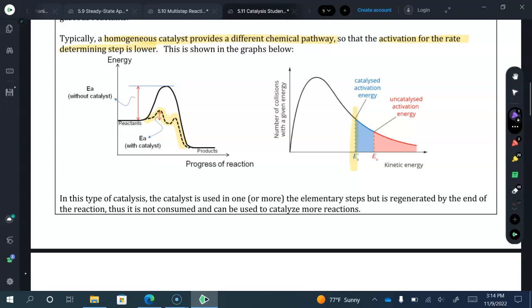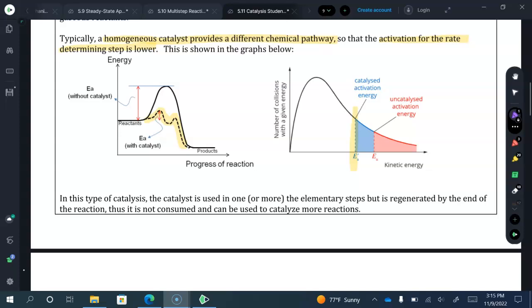So we have a much greater number of reacting particles available to react with the energy needed when we have a catalyst. So in this type of catalysis, the catalyst is used in one or more of the elementary steps, but is regenerated by the end of that reaction. Thus, it is not consumed overall and can be used to continue to catalyze more and more reactions.